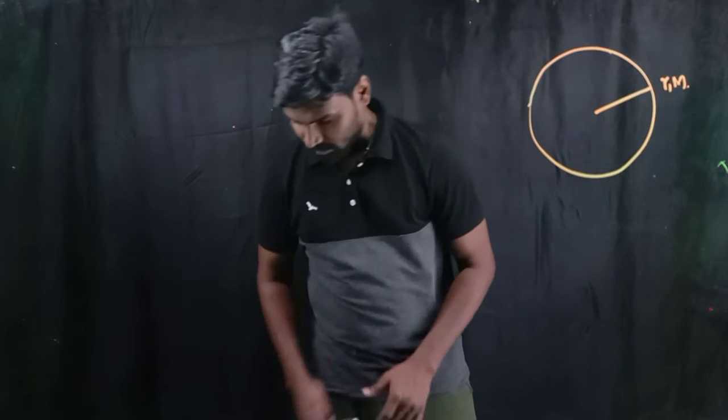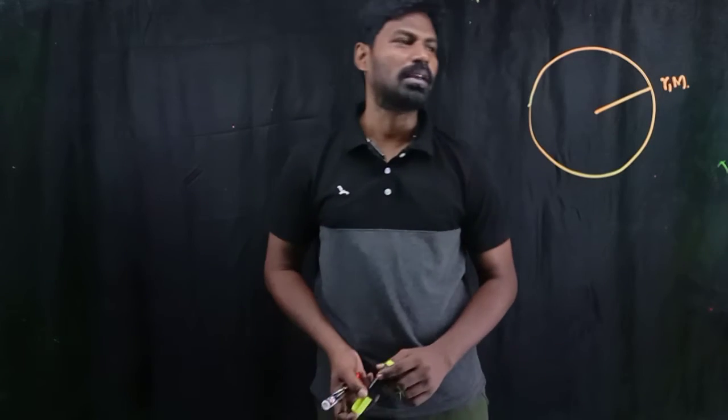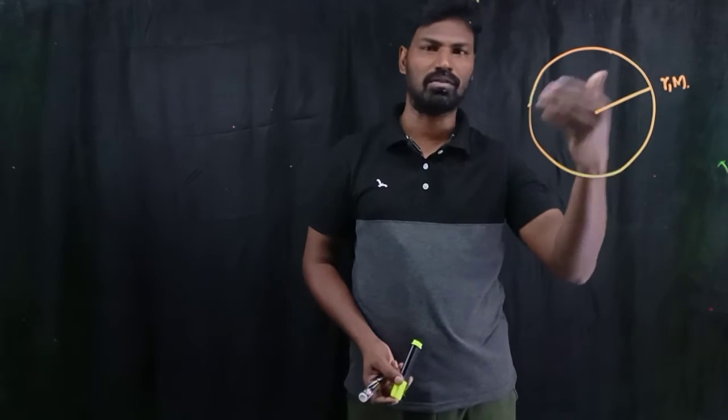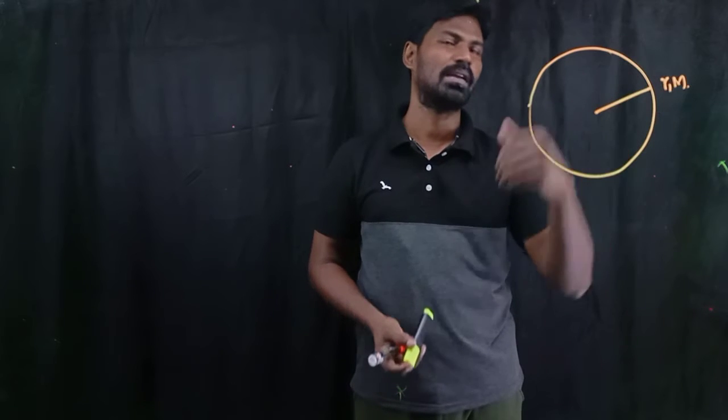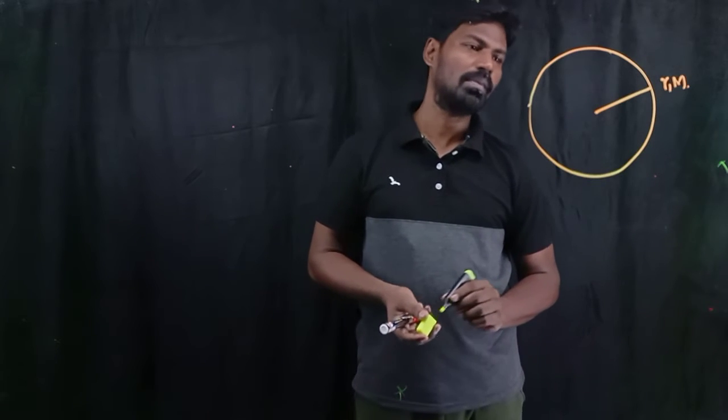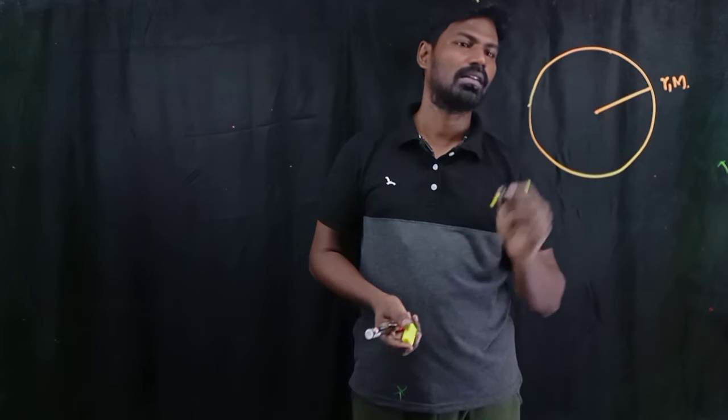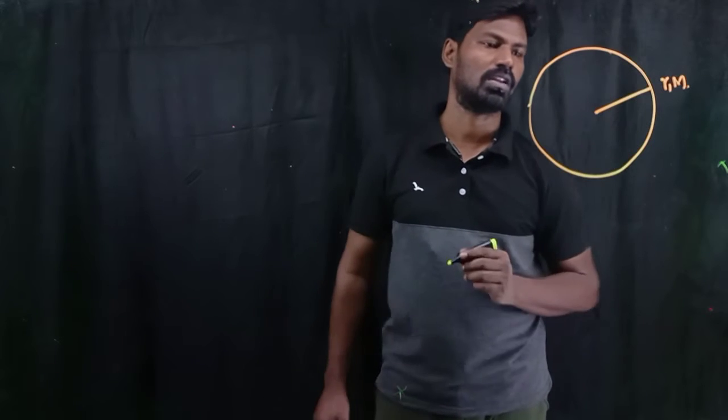Now what is the difference between shell and sphere? Shell means inside it is hollow, there is no material, but for a solid sphere there is matter even inside the inside surface of this shell.